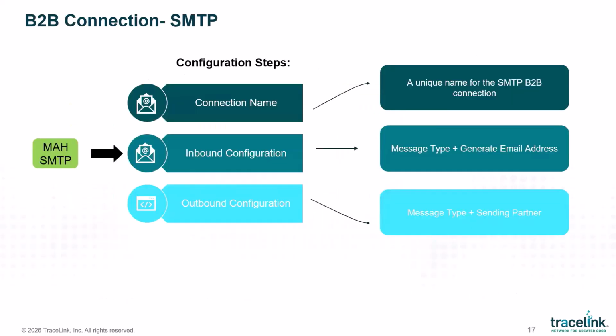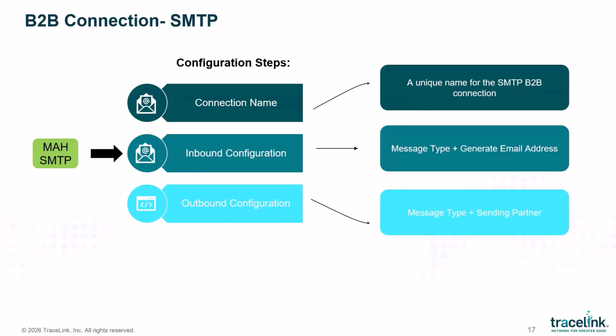Let's briefly go through the steps to create an SMTP connection. SMTP stands for Simple Mail Transfer Protocol and is used for sending and relaying email messages across the internet. There are 3 clear steps. First, connection name. Here we create a unique name for the SMTP B2B connection. Use a clear and consistent naming convention so it's easy to identify and manage later.